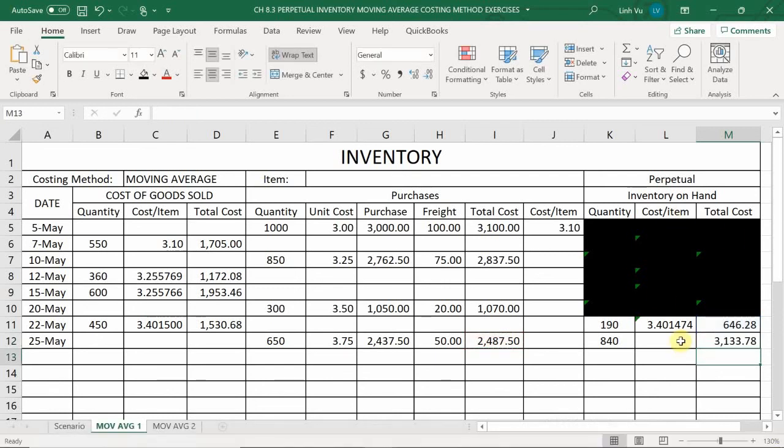Good. And that's going to bring my new average cost per item to be now $3.73069. Okay. So that's just simply taking my total cost right here and dividing it by my total quantity.